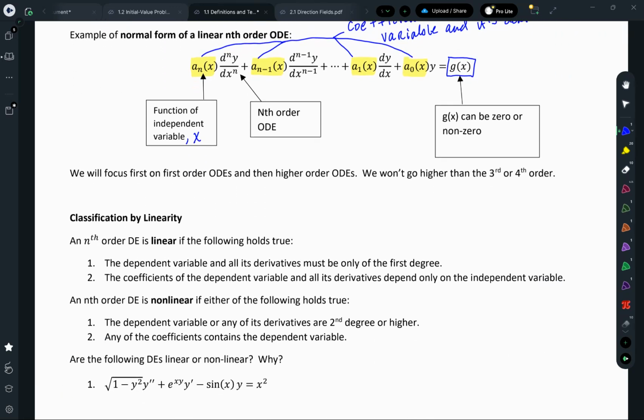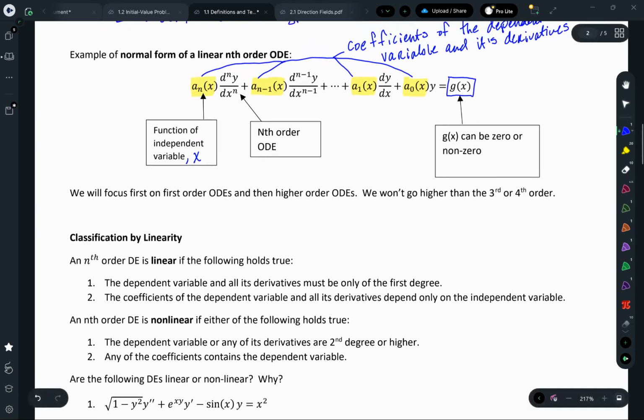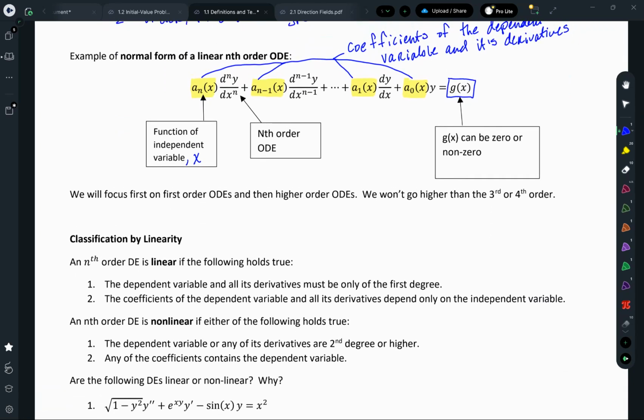So this classification by linearity, we need to know the difference between linear and nonlinear. An nth order differential equation is linear if the following things hold true. The dependent variable, and I'm going to use y just so we have a letter in our head, the dependent variable y and all of its derivatives, so that would be the y prime, the y double prime, etc., must be only of first degree.